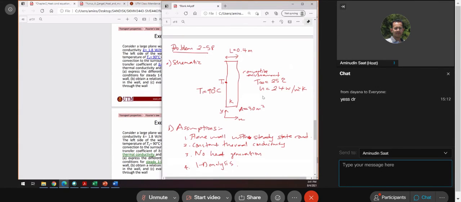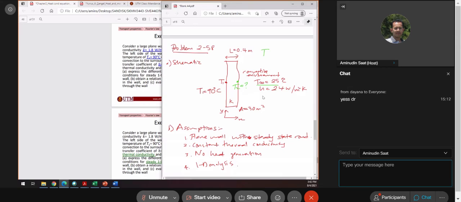At this part, of course, the temperature here is T2, but T2 is not given. However, the boundary condition given is T infinity 25, which is the surrounding.